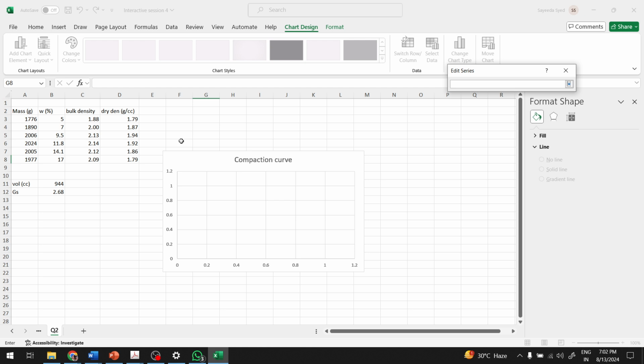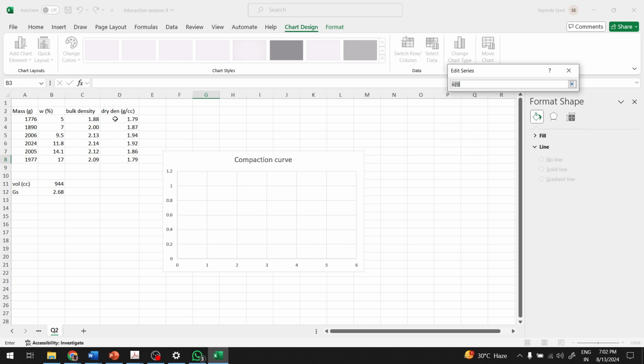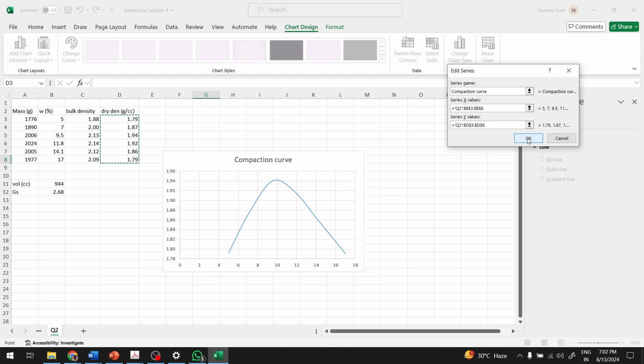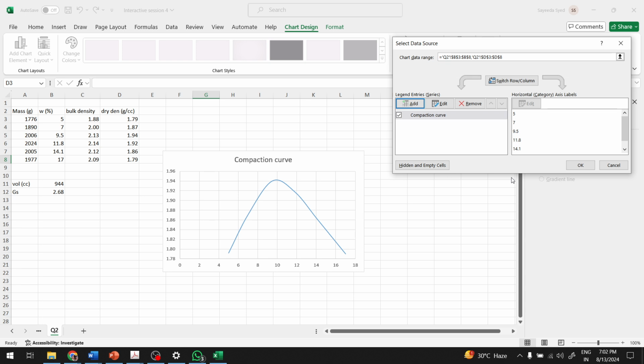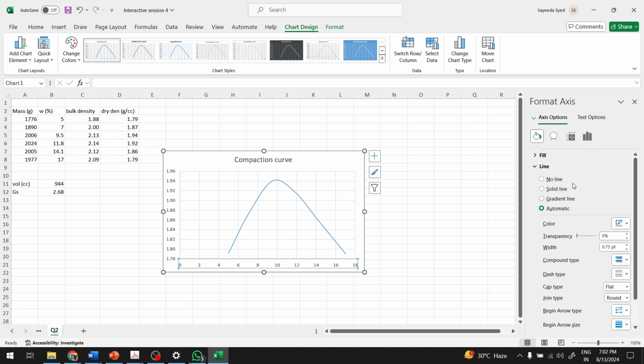X value is W, Y value is dry density. Okay, so this is our compaction curve.